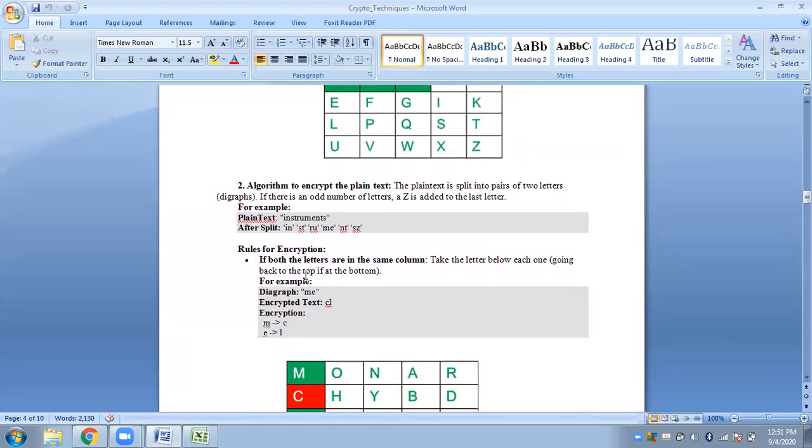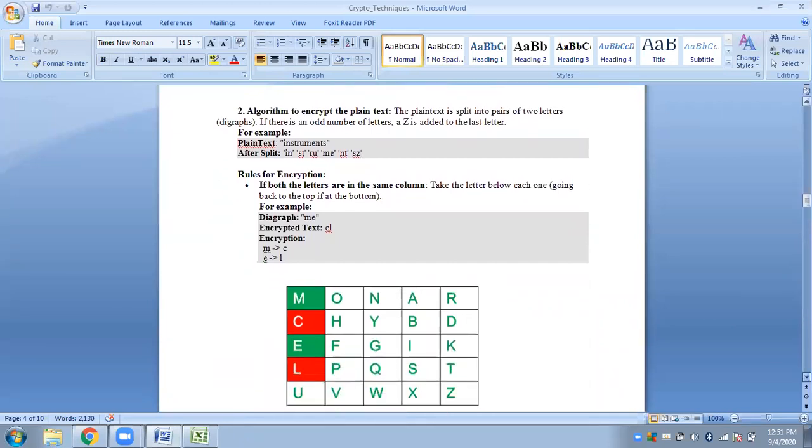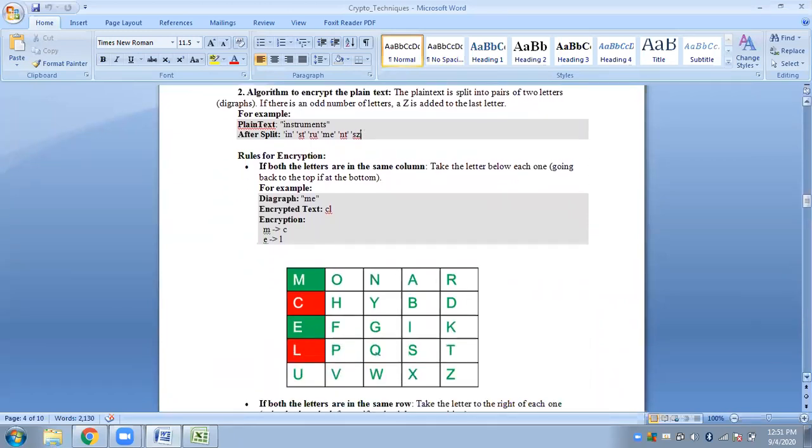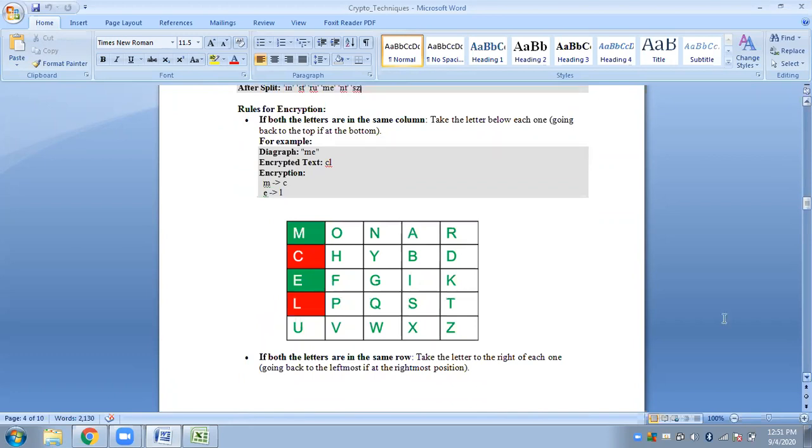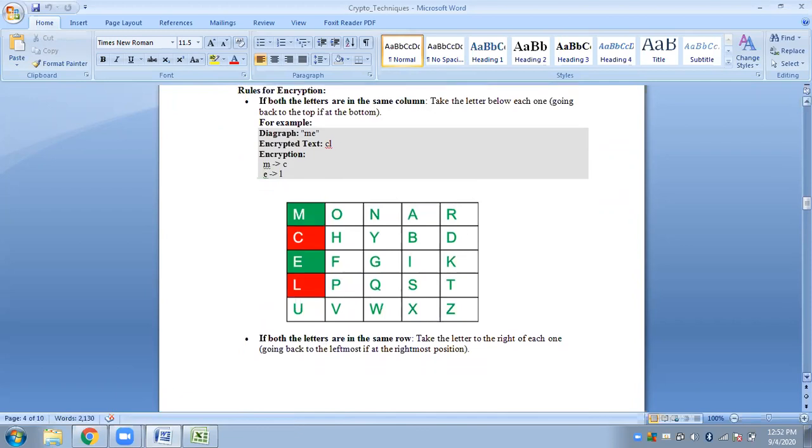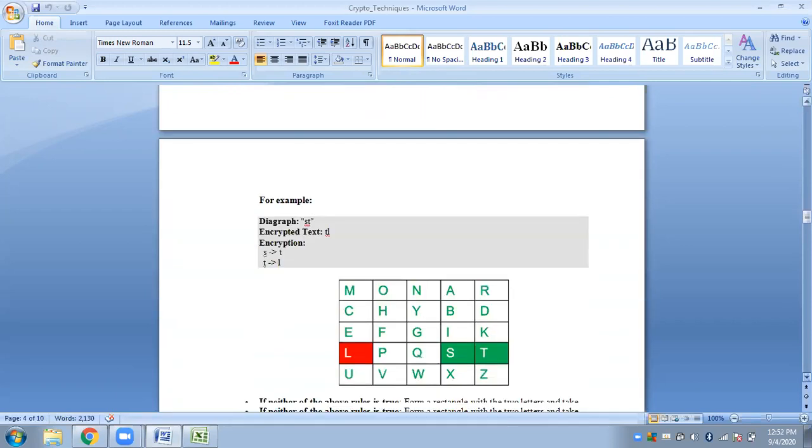After completion of the pairs, we went through three rules. First: what if both the alphabets in the pair belong to one column? Second: what if both the alphabets in the pair of the plain text belong to a single row?